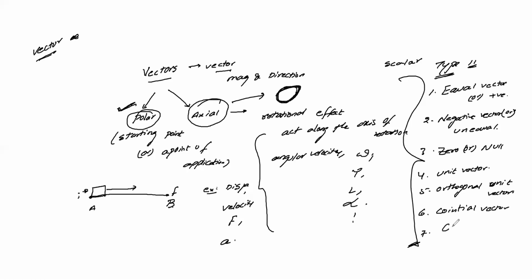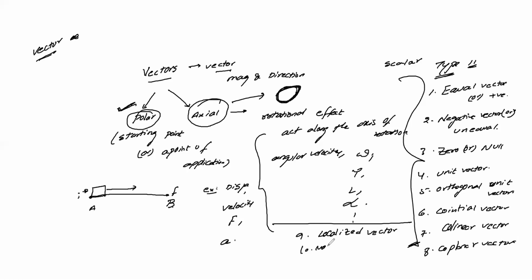Seventh, collinear vector. Eighth, coplanar vector. Ninth, localized vector. Tenth, non-localized vector. Eleventh, position vector. So these are the 11 types of vectors.